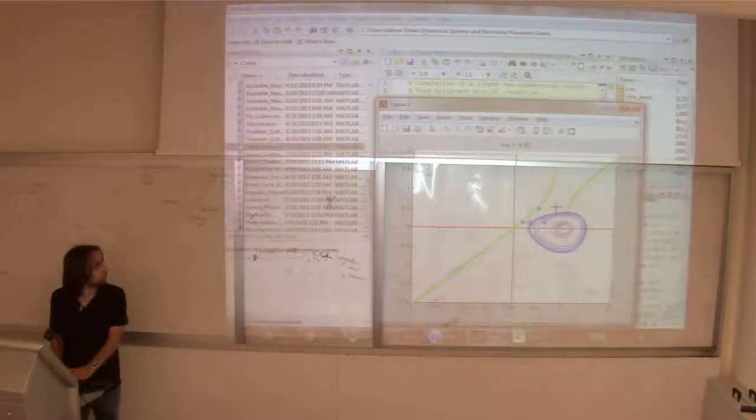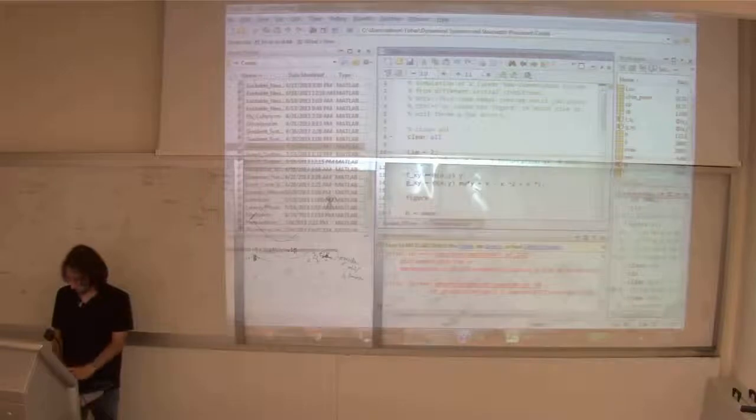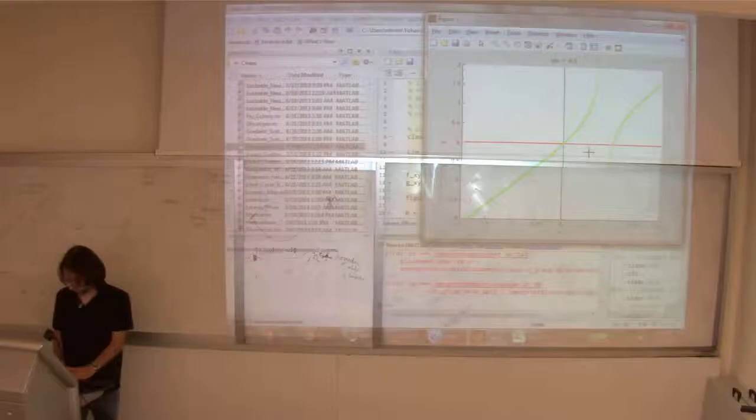If I started outside, I might converge to the limit cycle, or I might go around it. So here we have a limit cycle around the unstable fixed point, but as I change mu, it grows. And here what we have is the homoclinic orbit. There should be one orbit that goes from here to here.